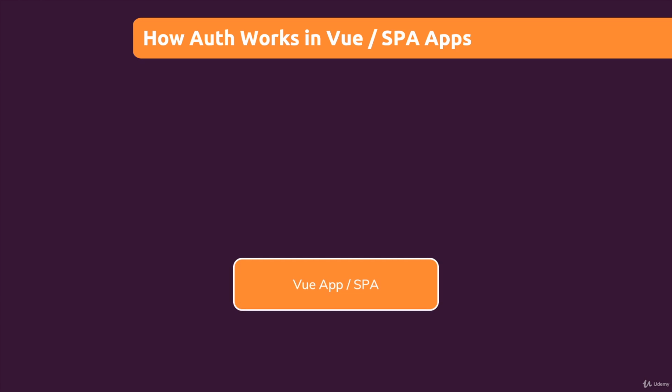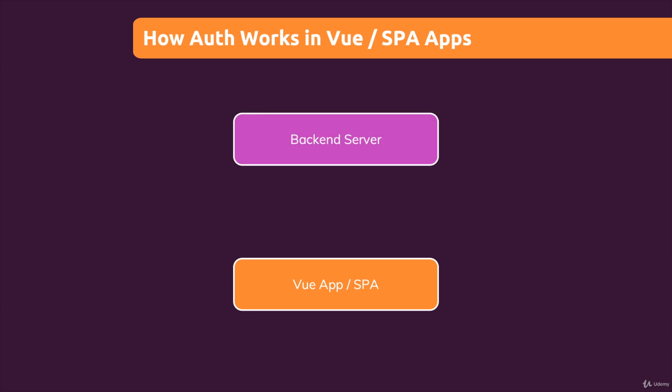So we have our Vue app or any single page application using any library or framework, doesn't have to be Vue, and we got our backend server. In our case, that's Firebase, but it could be any HTTP server to which we send requests, any REST API or GraphQL API.